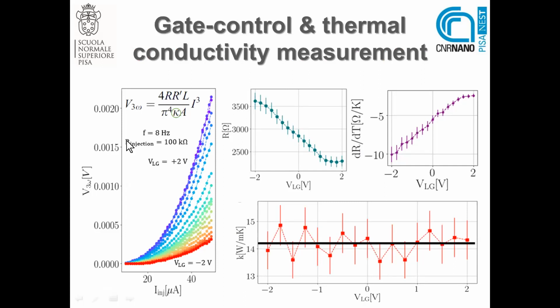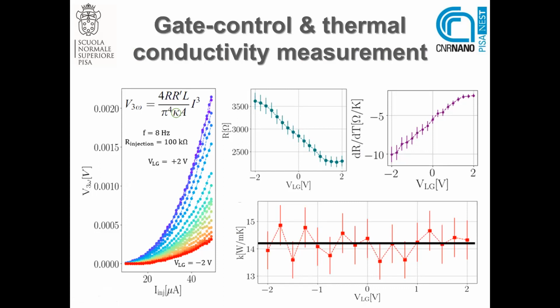Then, out of these plots, what you can get is thermal conductivity as a function of the liquid gate voltage, provided you also address experimentally the other parameters of the system, that are some geometrical parameters, the resistance of your nano object, of your nanowire, and the derivative of the resistance as a function of temperature.